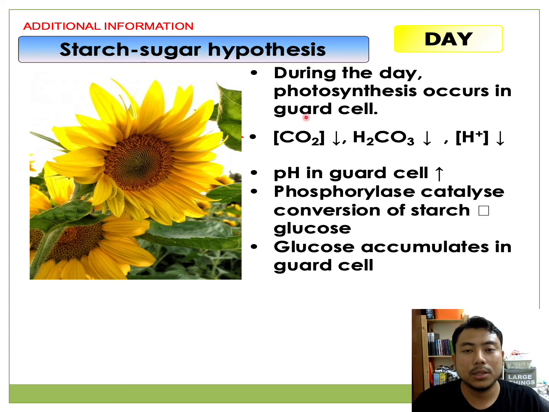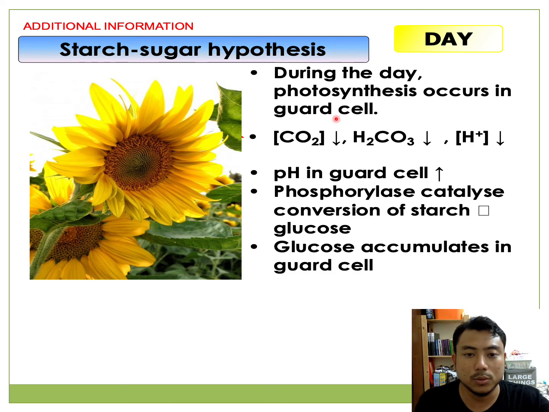But the more significant process or explanation that causes stomata to open and close is the potassium movement just now. So this is extra information only, which is the starch sugar hypothesis, which can also explain the cause of stomata opening or closing.